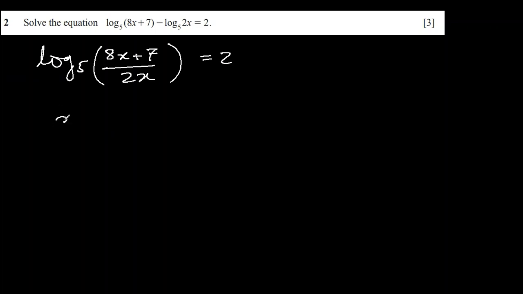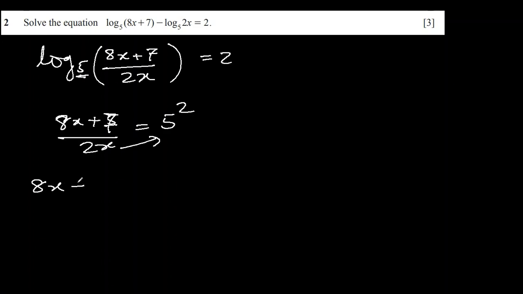Next thing, to find x, we have to get rid of log. So whenever we get rid of log, the other side becomes the exponent of the base here. So it will become 5 square here. That's the rule. And now we'll cross multiply again. 2x multiplies here. So 8x plus 7 equal to 50x. 25 times 2x, 50x.